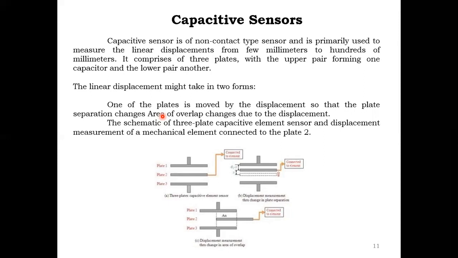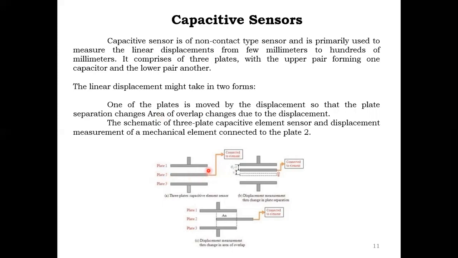One of the plates is moved by the displacement so that the plate separation changes, and the area of overlap changes. This is the schematic of a three-plate capacitive sensor for displacement measurement of a mechanical element connected to plate 2. So this is the plate 1, plate 2, plate 3 model. The middle plate, plate 2, is connected with the element. If the element moves, plate 2 will move.